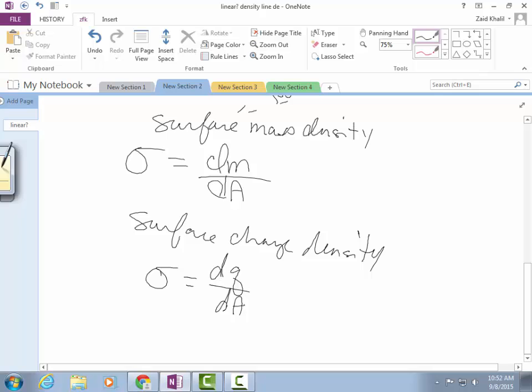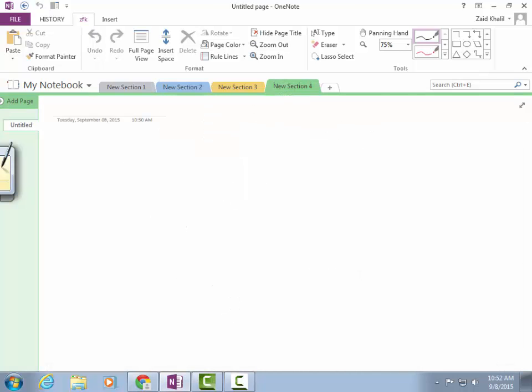So now we go to volume. Now clearly, with volume we have even more choices, because there are three different coordinate systems we could use.